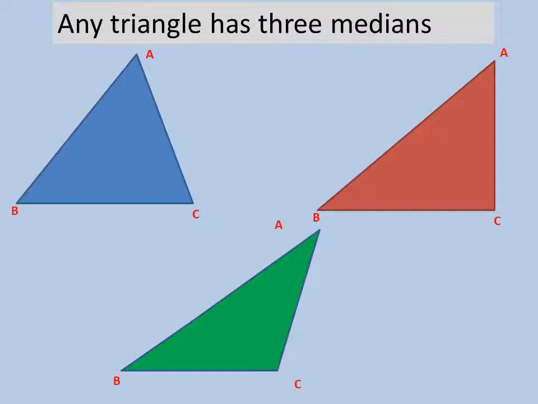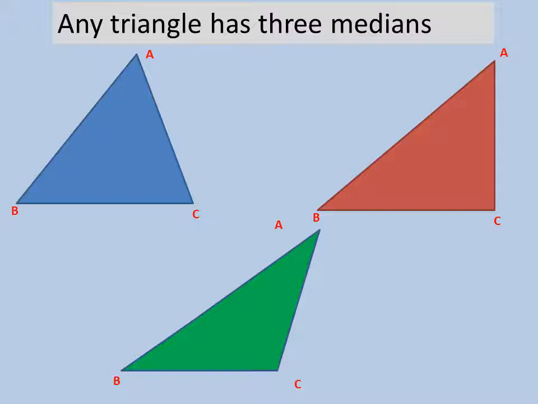Here we have a triangle ABC. The first one, in blue, is an acute angle triangle, the red one is a right angle triangle, and the green is an obtuse angle triangle.